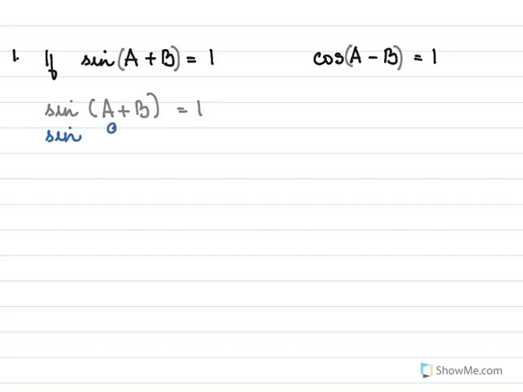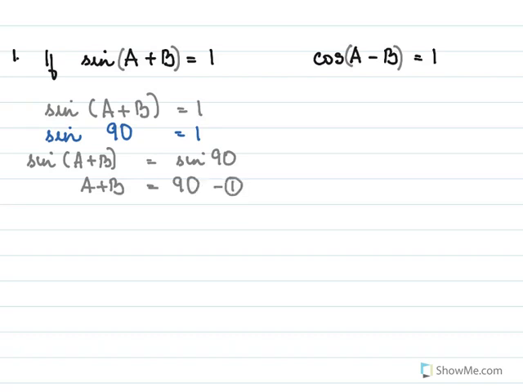And you'll find out that sine of 90 equal to 1. When I compare both, now I can say that sine of a plus b is 1 and sine of 90 is also 1. So a plus b must be equal to 90. This is my equation 1.